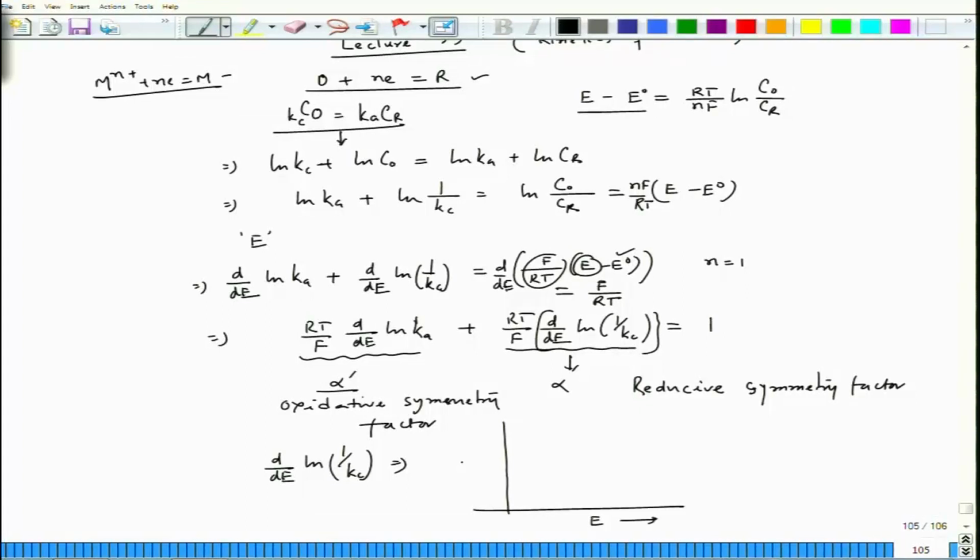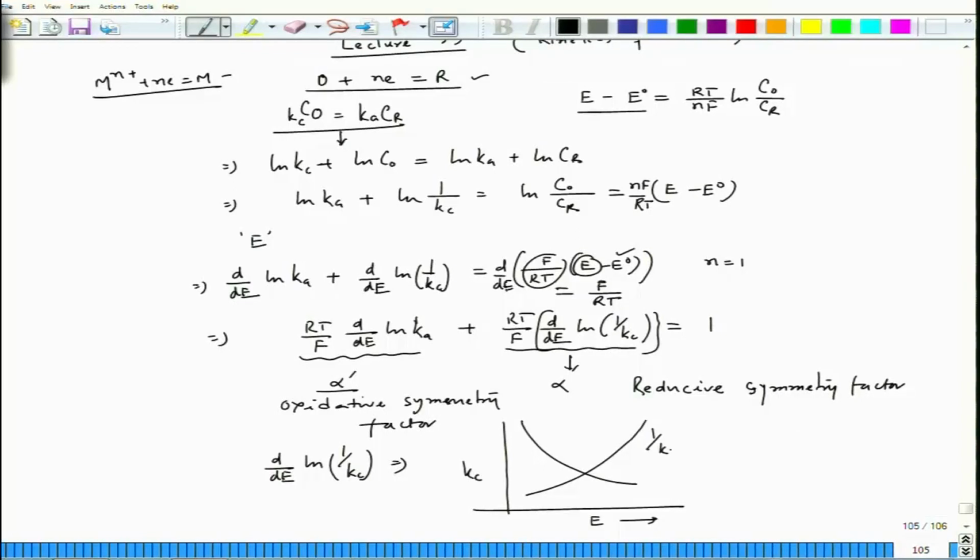If potential is this and K_C is this, the variation would be like this, because once K_C increases, potential drops from the standard equilibrium potential, which is cathodic polarization. So 1 by K_C would be just opposite to it.